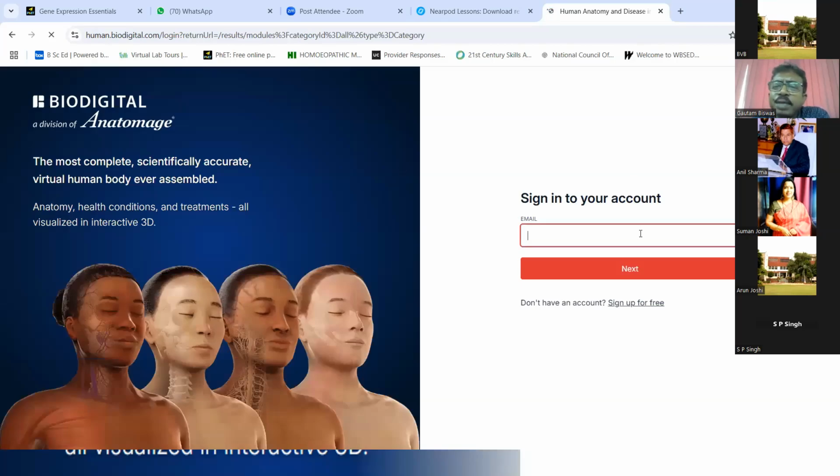Which requires again email, and you have to just go in. You can see anatomy and other.